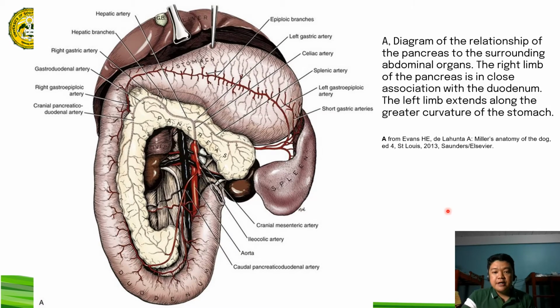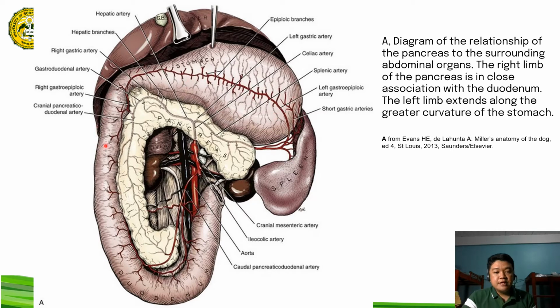So we have here the structure of the pancreas of dogs. This was taken from Miller's Anatomy of the Dog, showing the two major lobes of the pancreas. Now we have here the left limb of the pancreas, or the left lobe, that is closely associated with the greater curvature of the stomach.